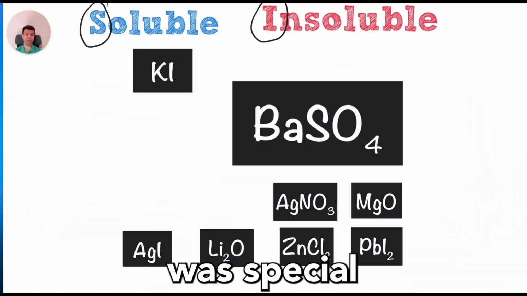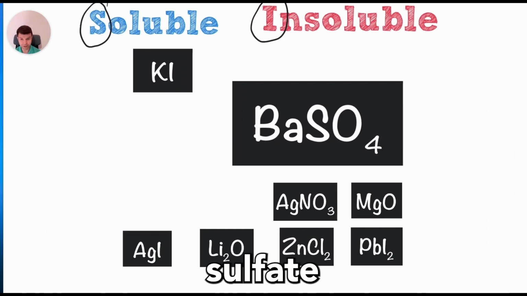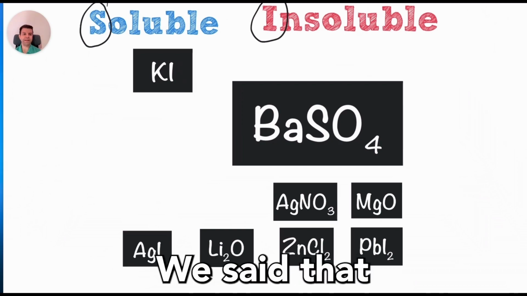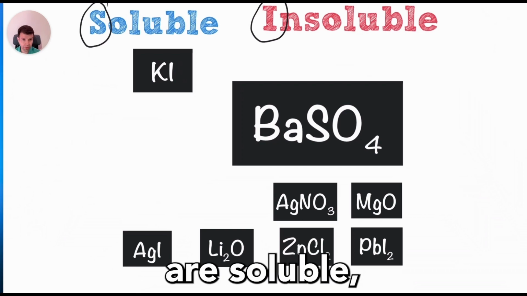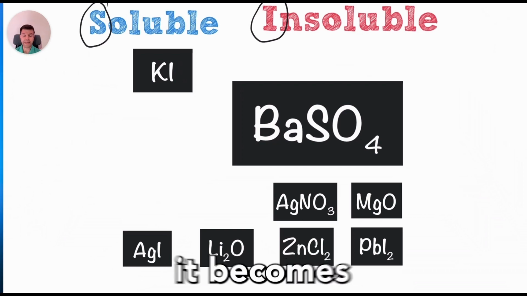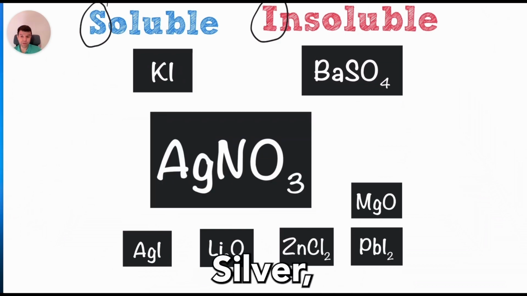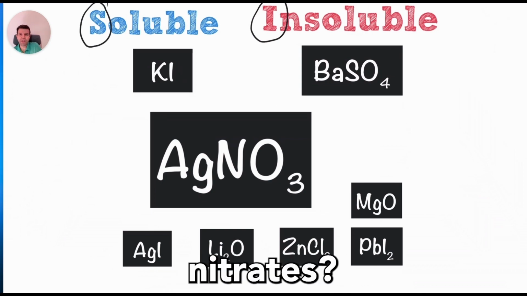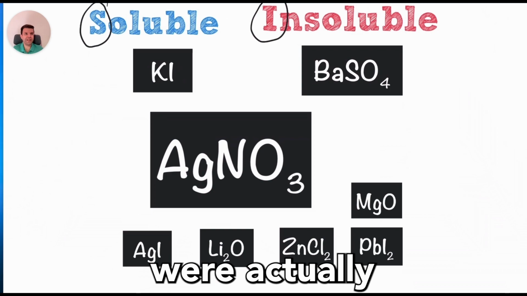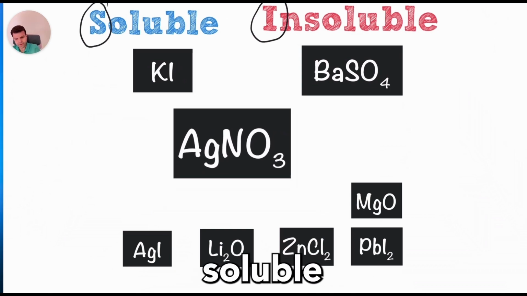Do you remember what was special about barium sulfate? We said that sulfates are soluble, but with barium, it becomes insoluble. Silver nitrate: do you remember what was special about nitrates? Nitrates were soluble all the time.